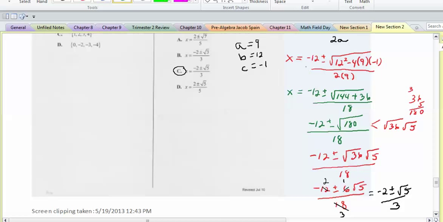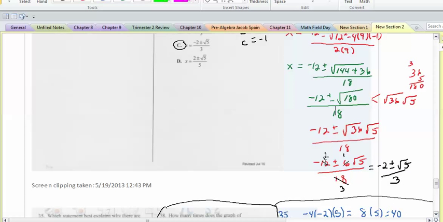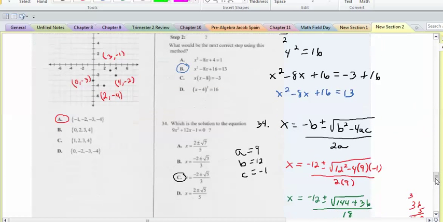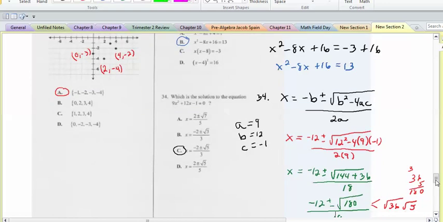And then the last step, what I did was I simplified. 18 will go into 12 -- well, 6 times, because 6 times 2 is 12, and 6 times 3 is 18. I did the same thing. 6 will go into 6 one time. So I ended up with -2 plus or minus radical 5 over 3. And that was your answer choice for 34, and it was letter C.